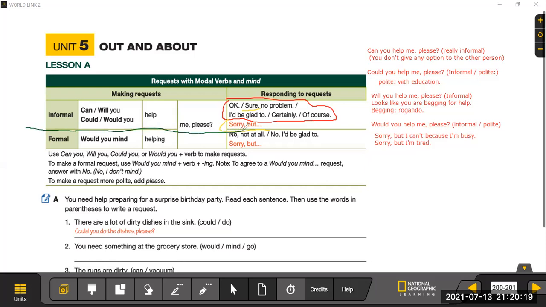Yes, I have a question, teacher. Yeah, tell me. Why does the information say these verbs are modal verbs? Well, in Spanish we say verbos modales. Yes, I understand.